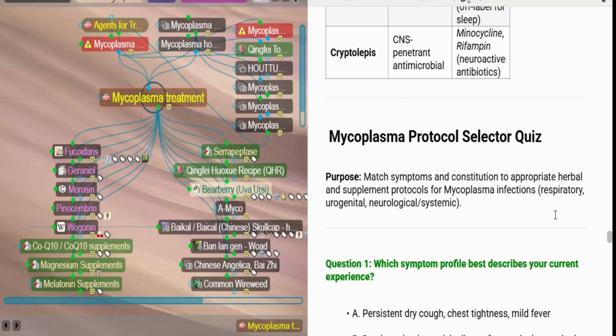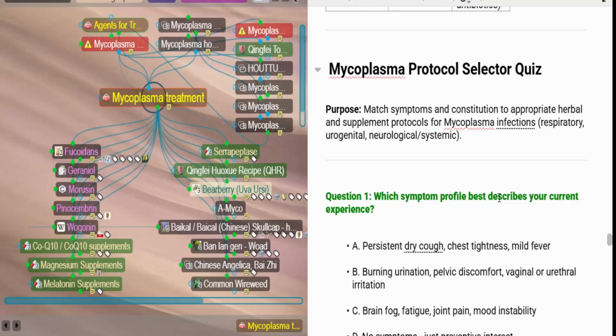Now here is a very useful Mycoplasma protocol selector quiz. The purpose is to match symptoms and constitution to appropriate herbal and supplement protocols for Mycoplasma infection. You have questions like which symptom profile best describes your current experience.